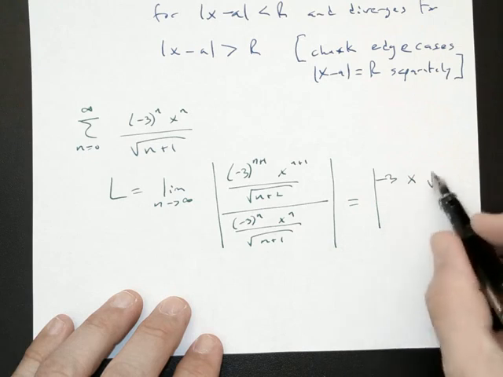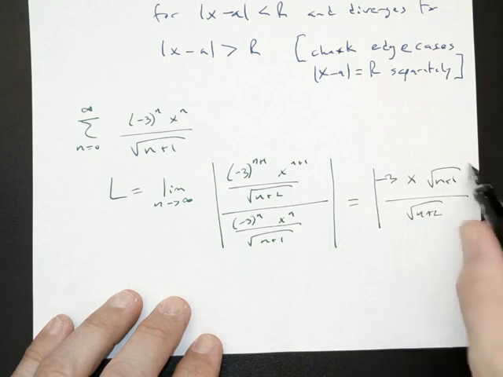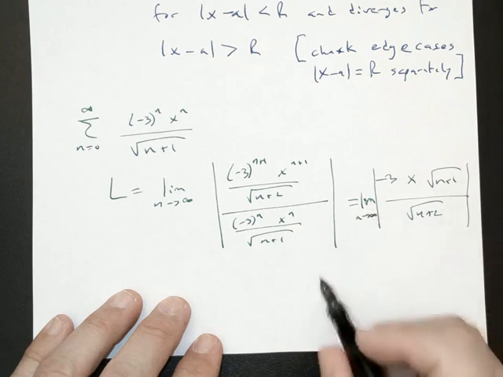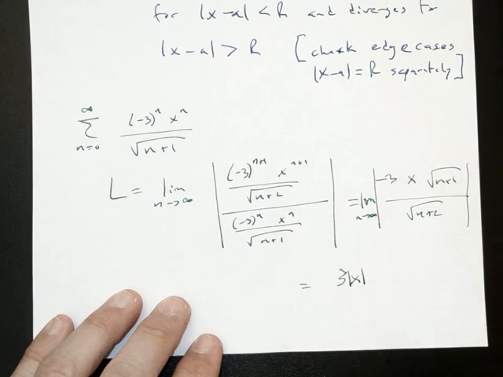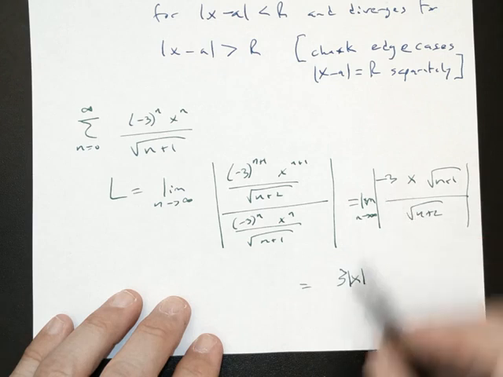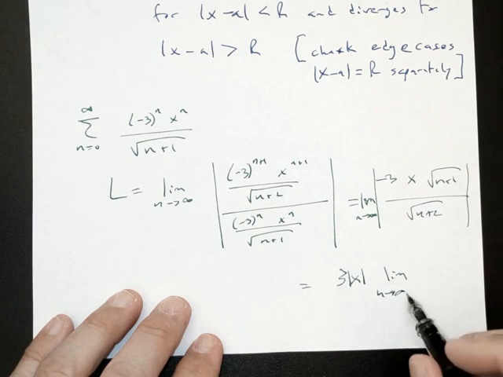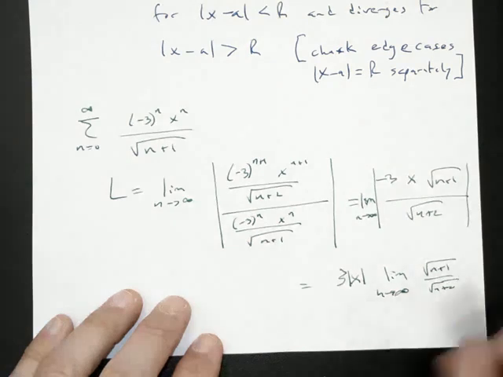And versus the square root of n plus 2. I still have the absolute value around the x. And get rid of the absolute value for the 3 when I convert the negative to a positive, and then the limit as n goes to infinity of root n plus 1 over root n plus 2. Yeah, that limit is 1.